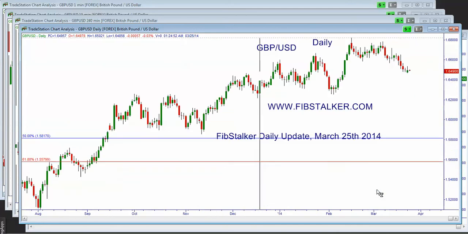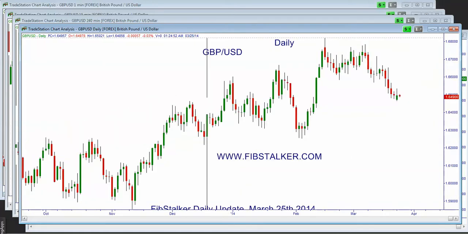So at the moment, I'm looking for price of the pound versus the US dollar to trade 158.17. This is also a hint in relation to the euro dollar, because pound versus the US dollar and euro dollar typically trade in sync, and the failure of this level is quite important.